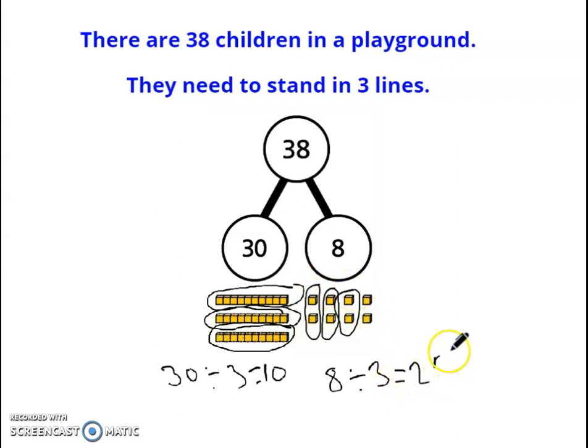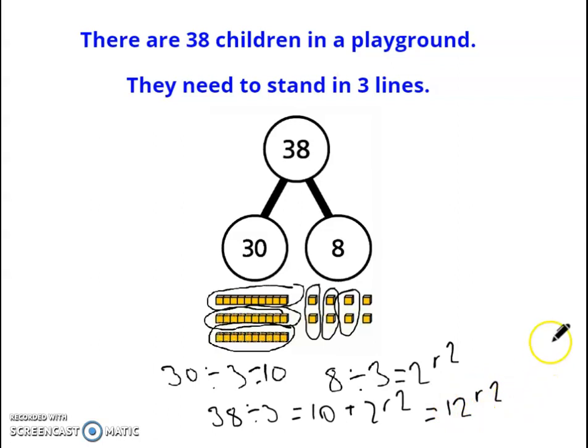And that's going to give us a remainder of 2. So 38 divided by 3 gives us an answer of 10 plus 2, remainder 2. And we can add those together to give us 12, remainder 2. And we can work out the inverse of that, so we can work out that 12 times 3 gave us an answer of 36, and that leaves us 2 more to add on.